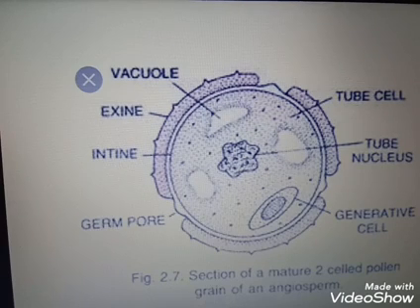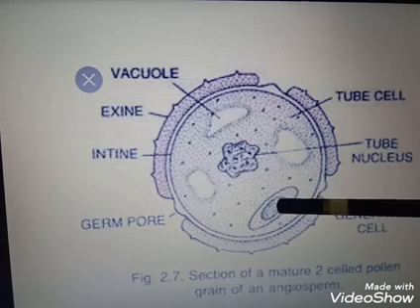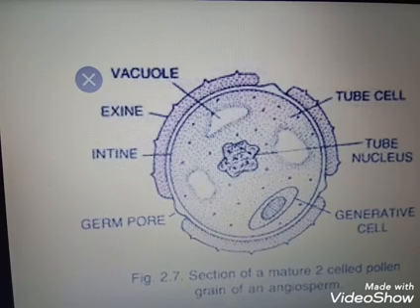The vegetative cell is large, has abundant food storage, and has an irregularly shaped nucleus. Clear? The vegetative cell is large and it contains an irregularly shaped nucleus. But the generative cell is spindle shaped with dense cytoplasm.